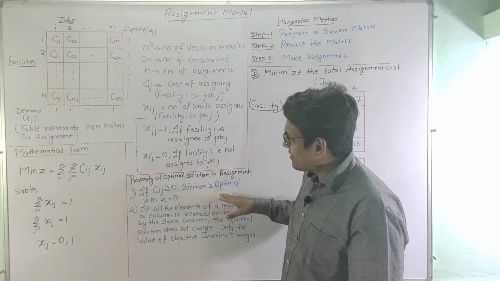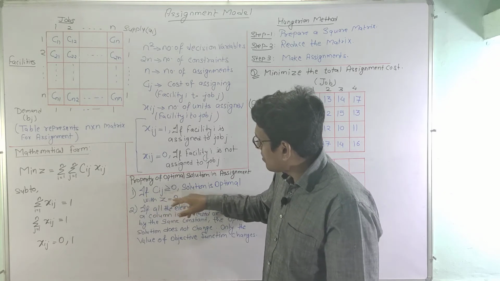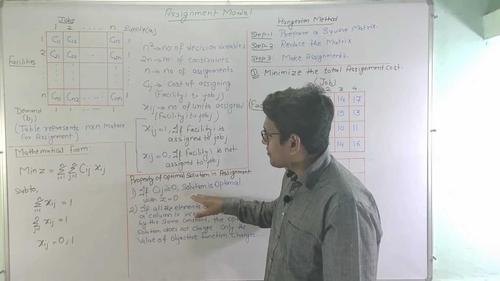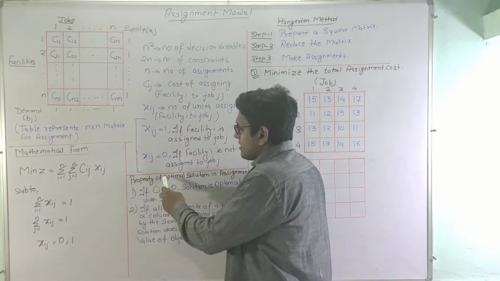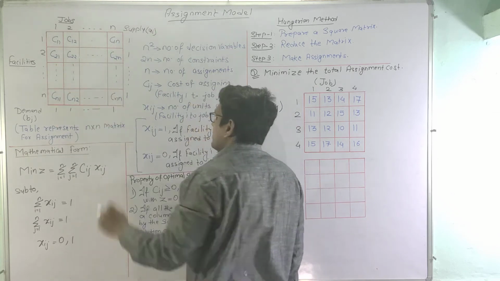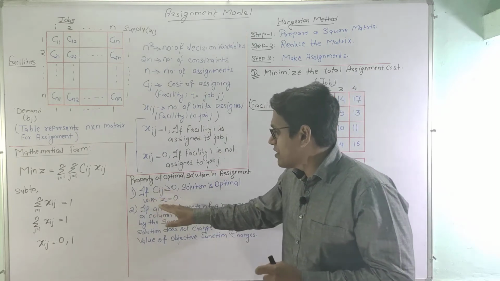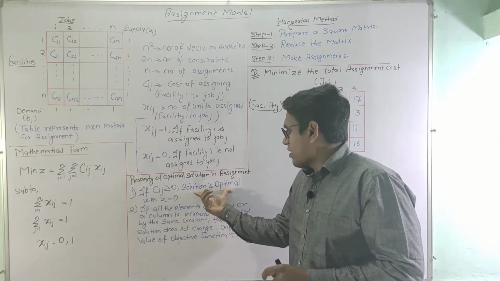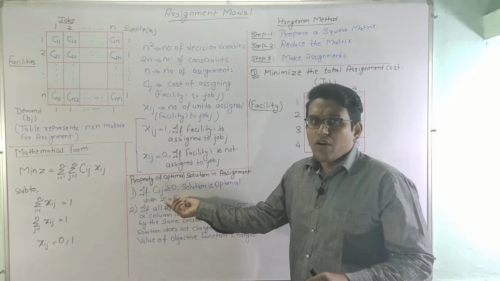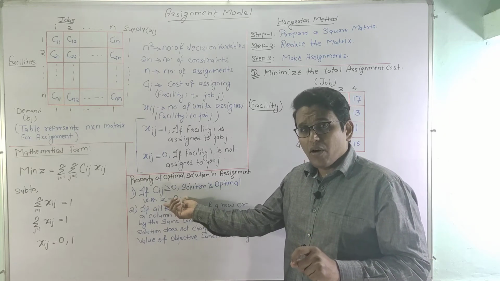The first property is that if Cij is greater than or equal to 0, the solution with z equal to 0 is optimal. Here Cij is the cost coefficient.